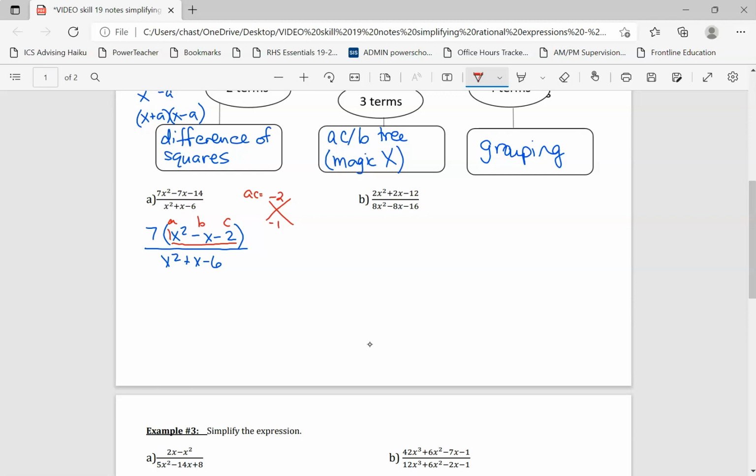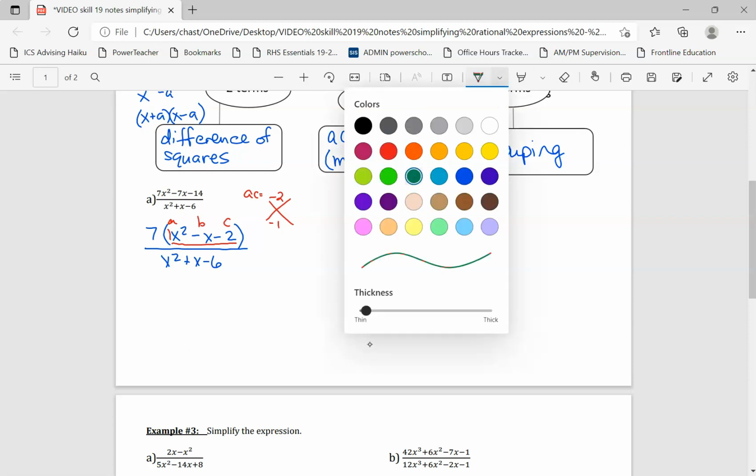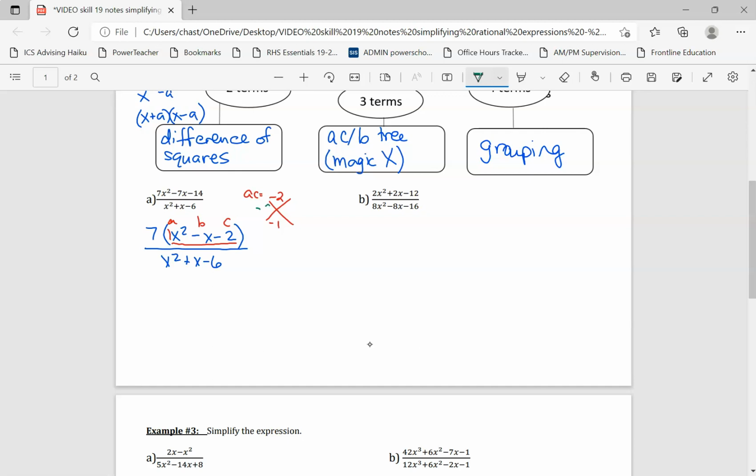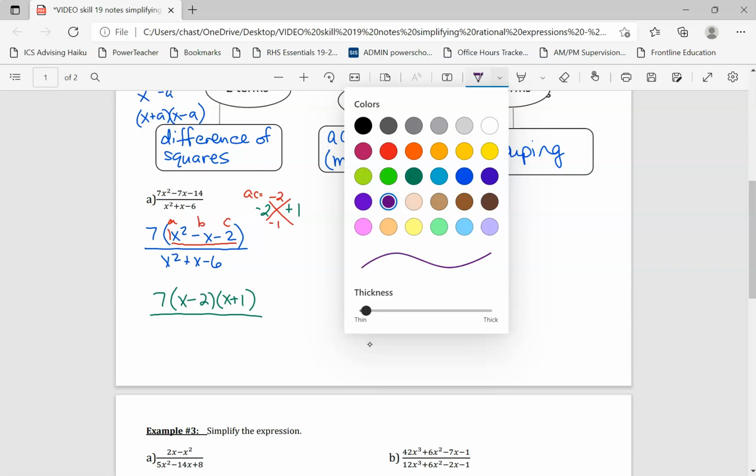So thinking of the list of numbers that multiply to negative 2 and add to negative 1, what you're going to do is think about things that multiply to negative 2. It looks like that's going to be negative 2 and positive 1. All right, so that will factor as x minus 2, x plus 1, and then we get that 7 from the front. Now let's move on to the denominator.